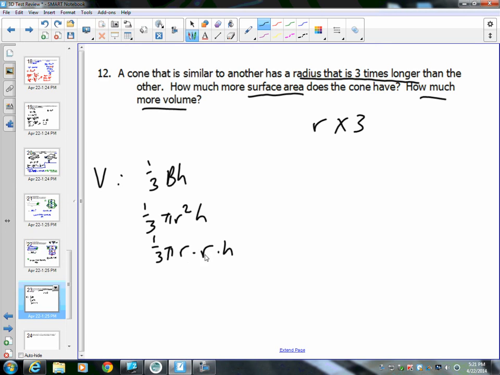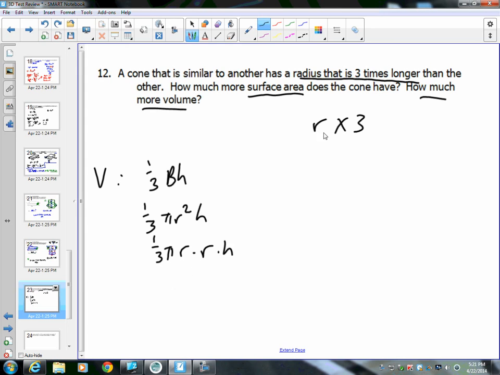So we actually have two radiuses in here. If the radius is 3 times larger, we're going to multiply it by 3 for this radius, but 3 for this radius also. So it's 3 times 3, which is 9 times bigger. And that's going to be our answer.